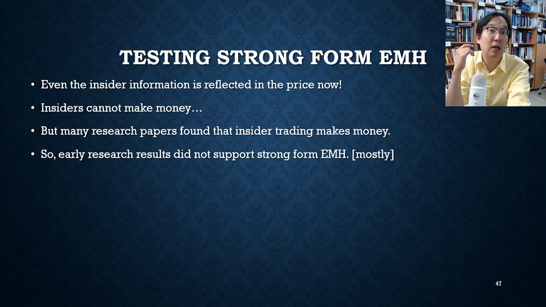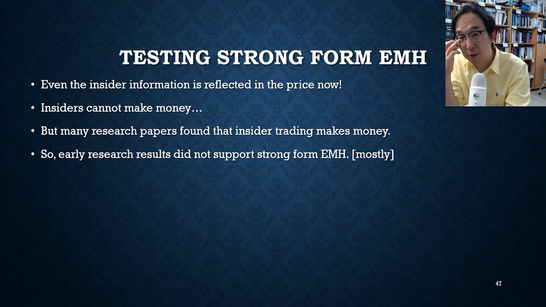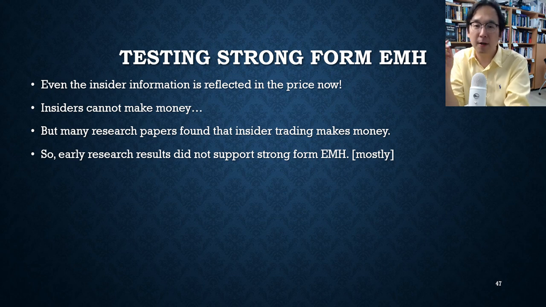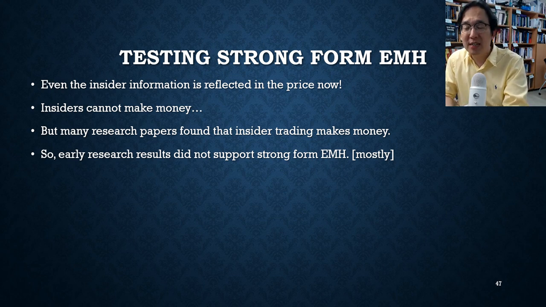Oh, why? Maybe some bad reason is there. And then subsequently the price plunges down, which means the insider information is not priced immediately, but it gets priced over time, so that the strong form of market efficiency is defied. Okay, insiders still can make money. That's why.